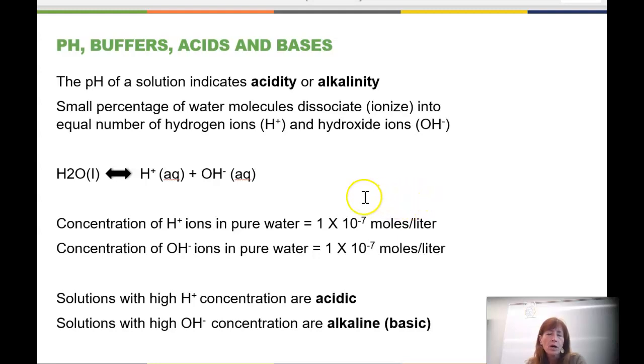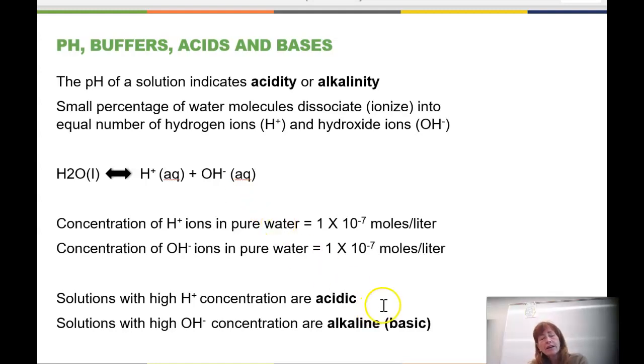So when we look at water, here's water right here, H2O, in its liquid form. If that water itself is broken down, what we see is a hydrogen ion and a hydroxide ion. When water is left just in its pure form, mostly what we see is H2O. So these two are together.